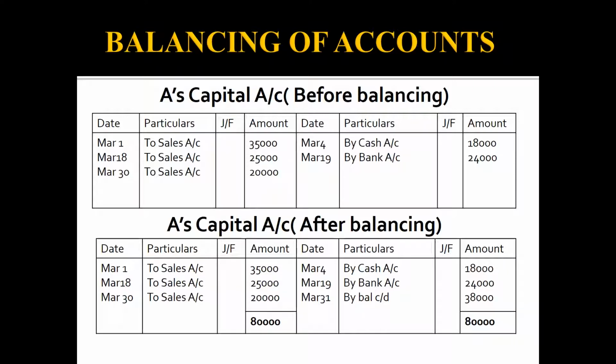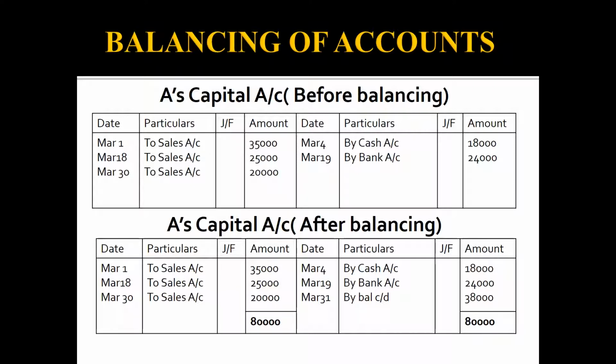Now we can see the total of both the sides is not equal. So now we will have to balance this ledger account. After calculating, I found the total of debit side is $80,000 and the total of credit side is $42,000. So in this case, the credit side is falling short by $38,000.